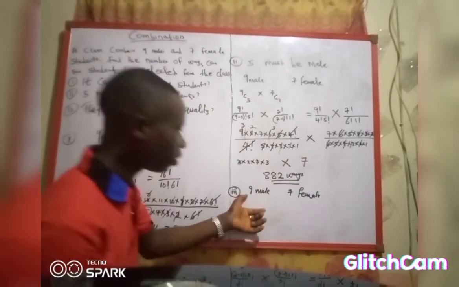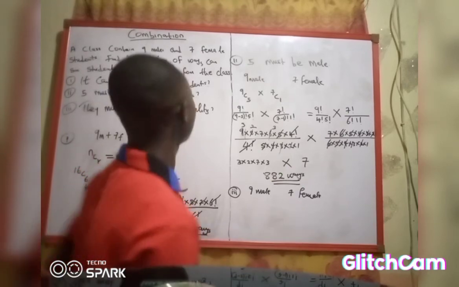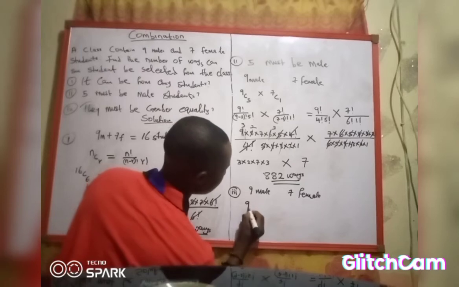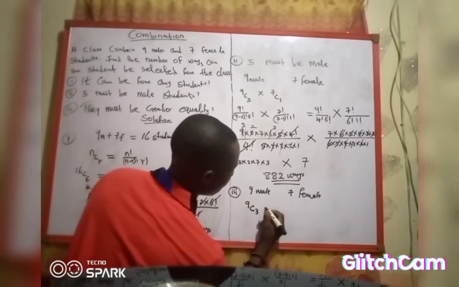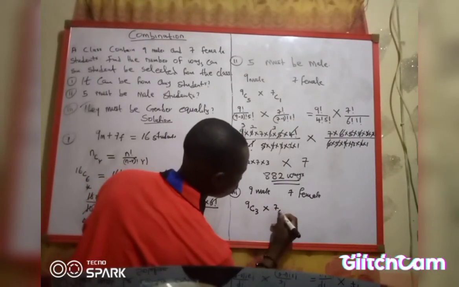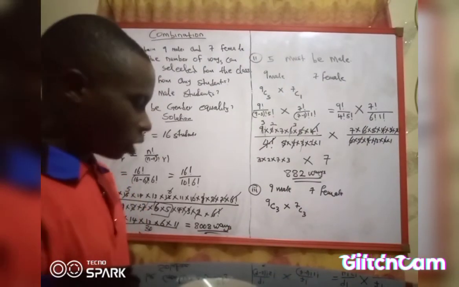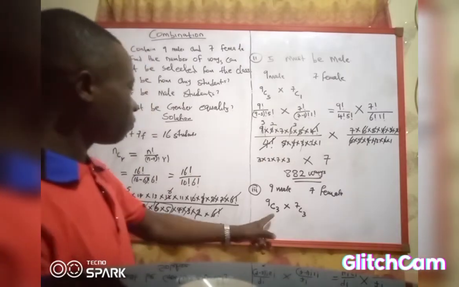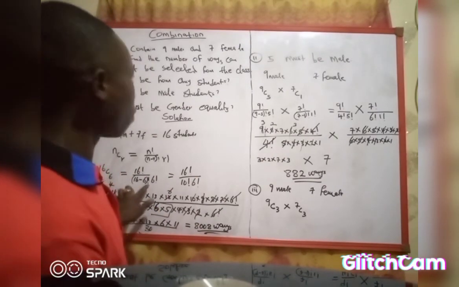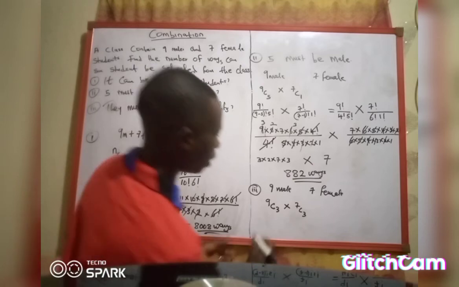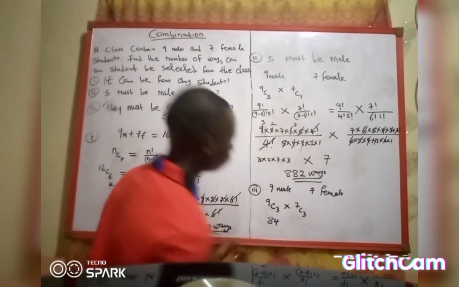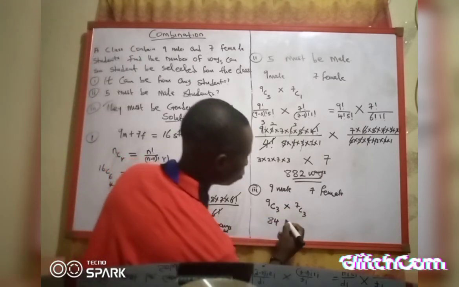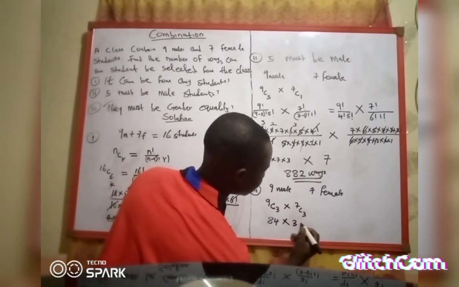We are going to select 3 from here and 3 from here, because the question says gender equality. So 9 combination 3 multiplied by 7 combination 3.